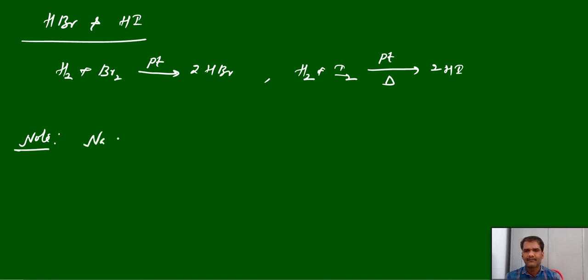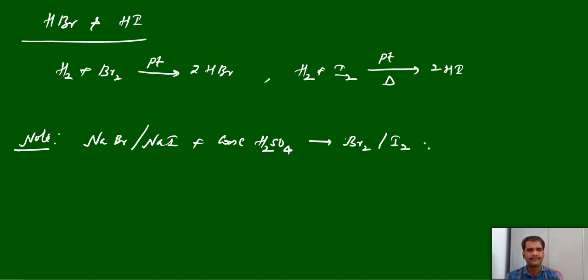We will take one note here. When you treat sodium bromide or sodium iodide with concentrated H2SO4, here we will not get hydrogen bromide or hydrogen iodide. Instead, we will get bromine or iodine. Why? Because Br minus or I minus act as strong reducing agents, and H2SO4 is an oxidizing agent.